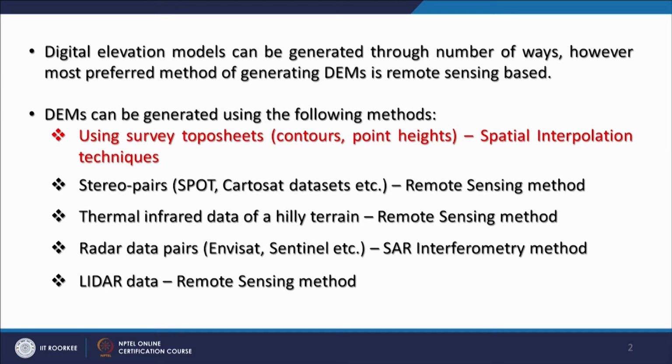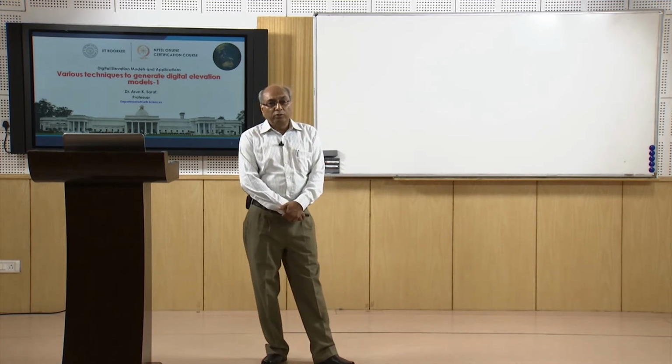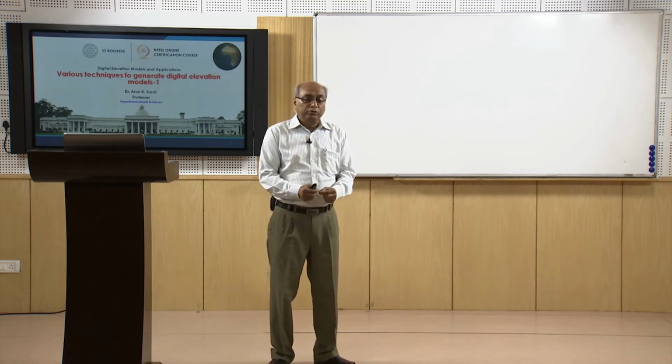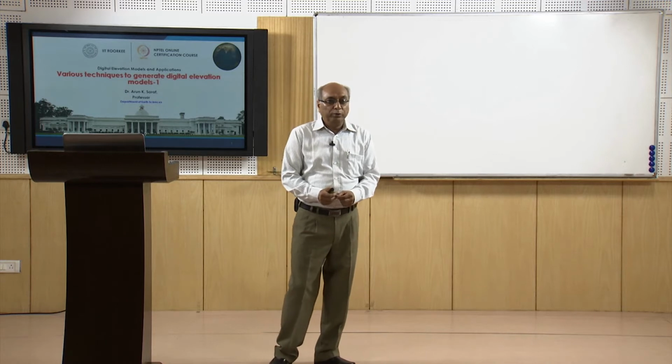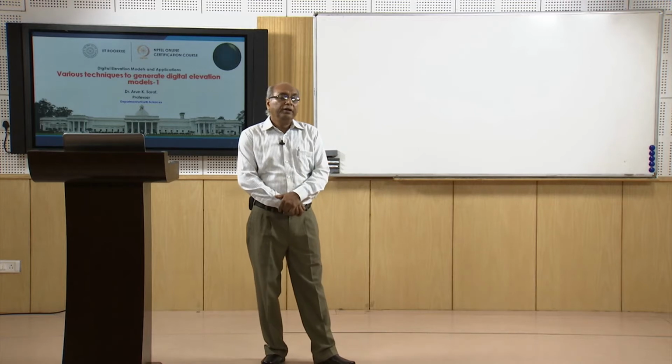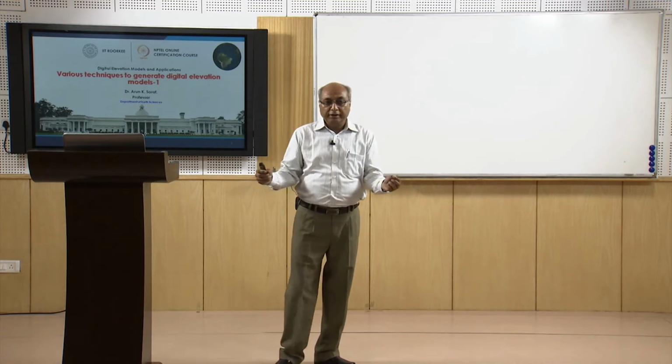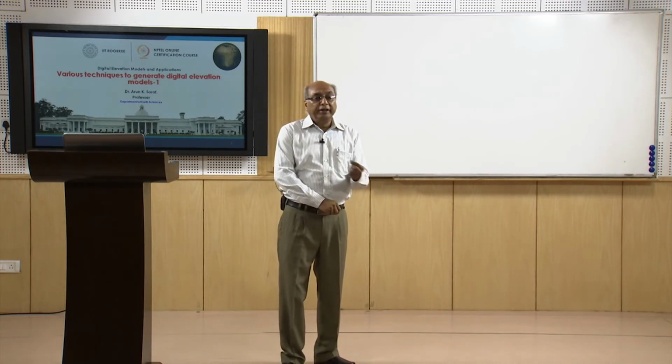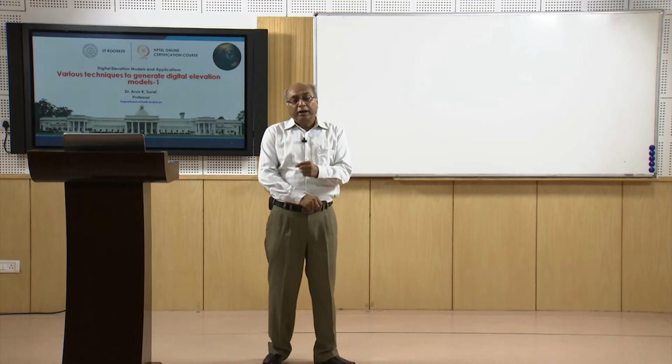So let us first come to the spatial interpolation technique using either contour data or point heights. As you know, contours represent equal heights, so we call them height contours. From a vector data structure point of view, these are polylines, and polylines have various nodes, including 2 end nodes, a begin node and an end node, and various internodes in between.